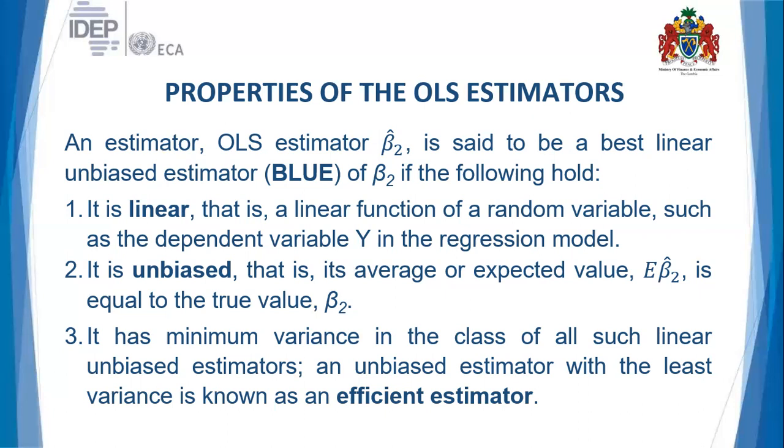Number 3, it has minimum variance in the class of all linear unbiased estimators. That means an unbiased estimator with the least variance is known as an efficient estimator, because it has the smallest deviation. So an OLS estimator that meets these conditions is said to be BLUE, best linear unbiased estimator.